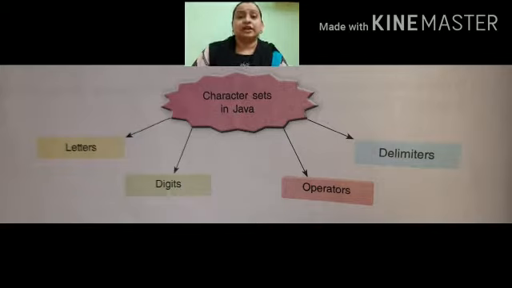For the relational operator, those are less than, greater than, equal to, not equal to, less than equal to, greater than equal to. These all come under the relational operators. Logical operators are the and operator, or operator, and the not operator.